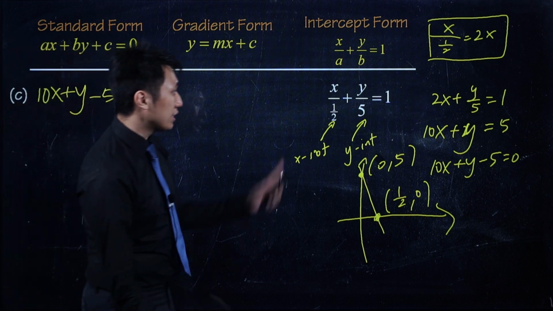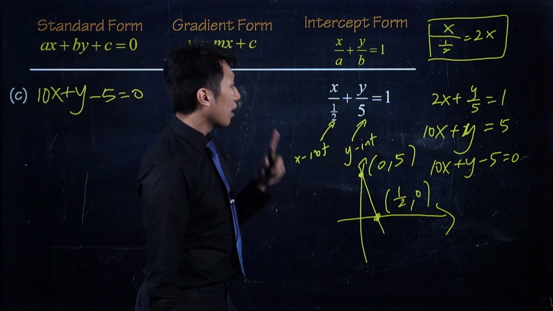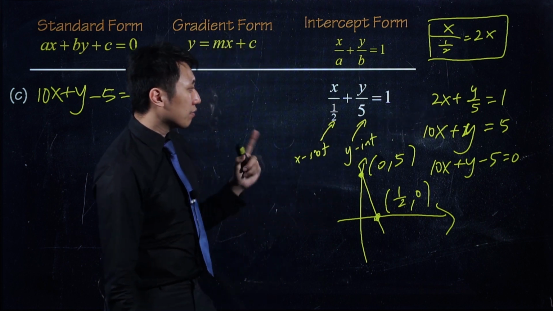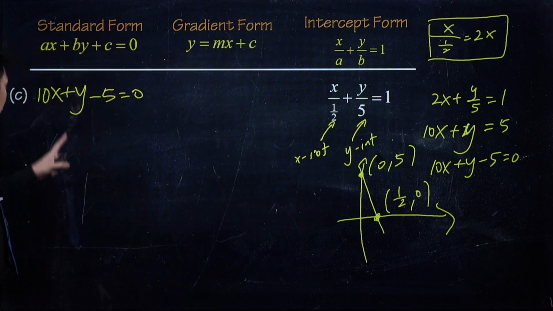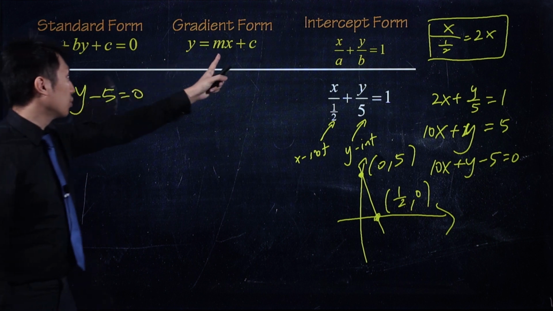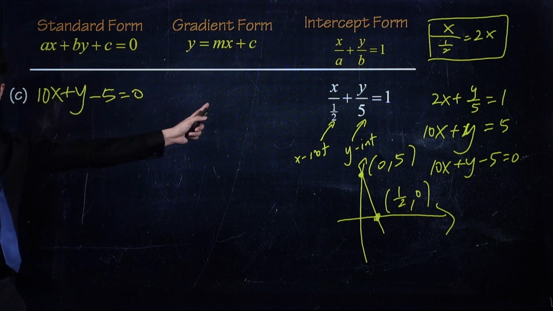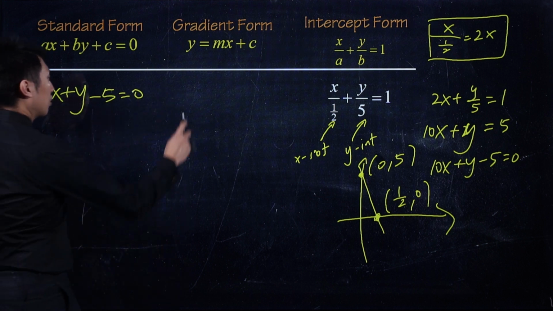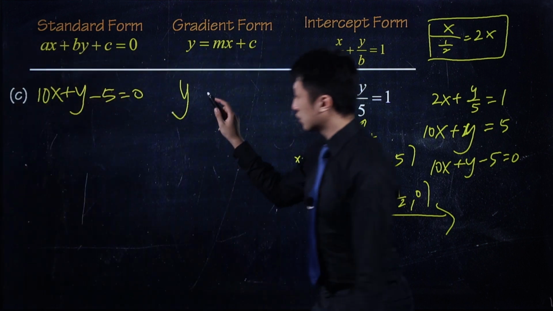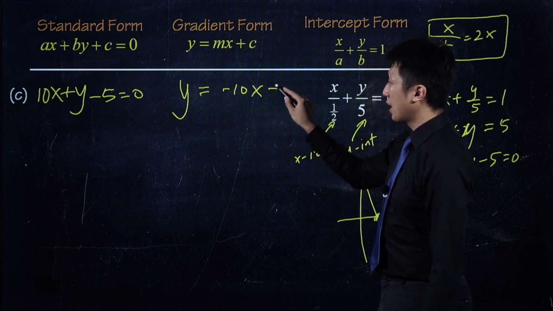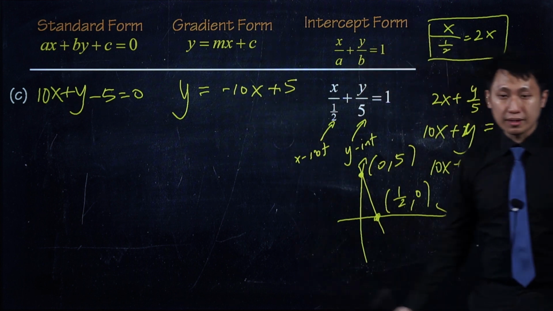Let me check whether I made some mistake here. I multiply by 5, then this is 10x plus y is equal to 5. That's fine. So I got this one. I want to change it to gradient form. What do I do? I just move everything to the right hand side except the y. So y is equal to minus 10x plus 5, and I'm done.